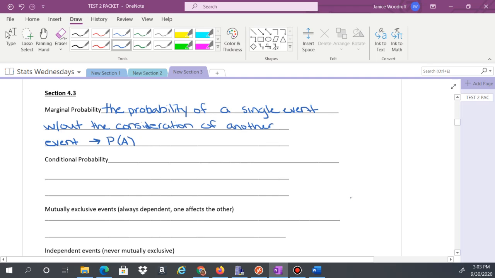Whereas conditional probability is the probability of an event given another event has already occurred. So the probability an event will occur given another event has already occurred.